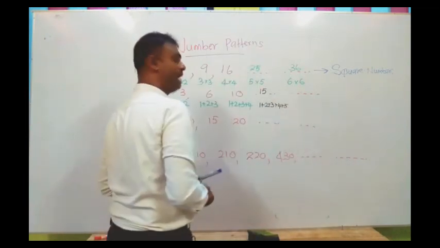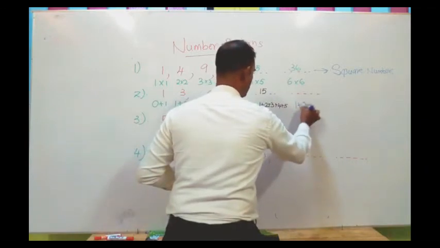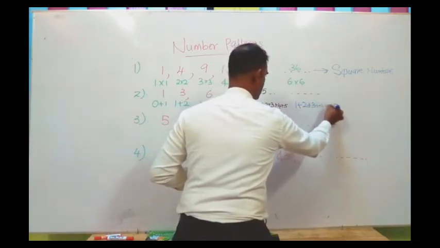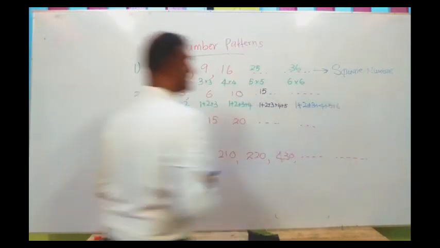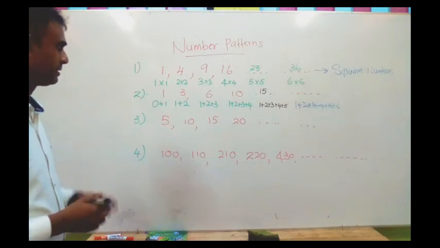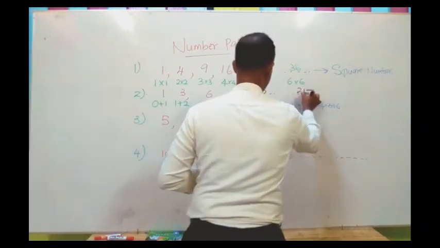Then the next one is 1 plus 2 plus 3 plus 4 plus 5 plus 6. That is the number pattern. How much? 21.